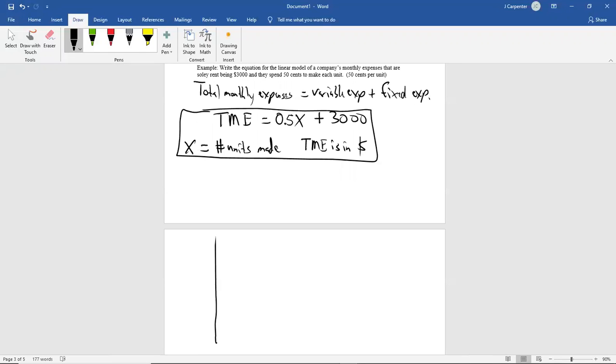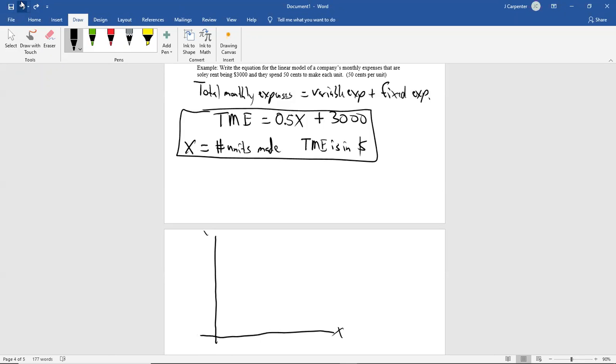Now I'm not going to make very much of the negative side of these things because we can't make negative units, so it doesn't make sense to go on this side of the graph at all. And if it costs $3,000 if we don't make any units and making more costs more money, we're not going to see any graph down here either. Everything's going to be positive.